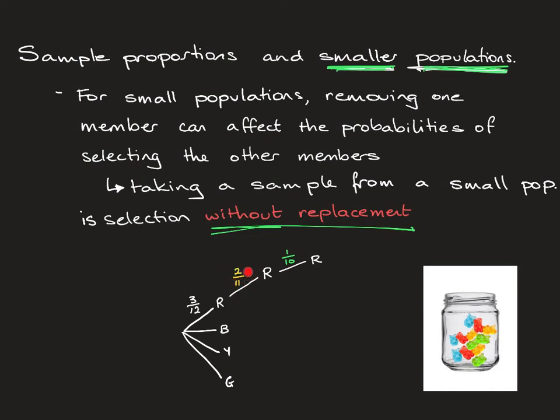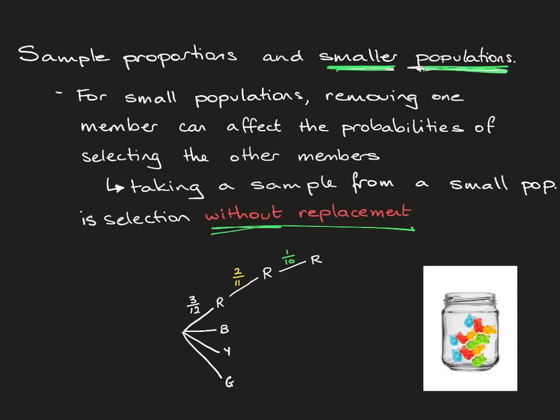And so my chance of picking something has changed. And then if I get a red on my second choice and select again, the chance of selecting another red is now 1 out of 10. So for smaller populations, when we're calculating the probabilities, we need to take this without replacement idea into account.